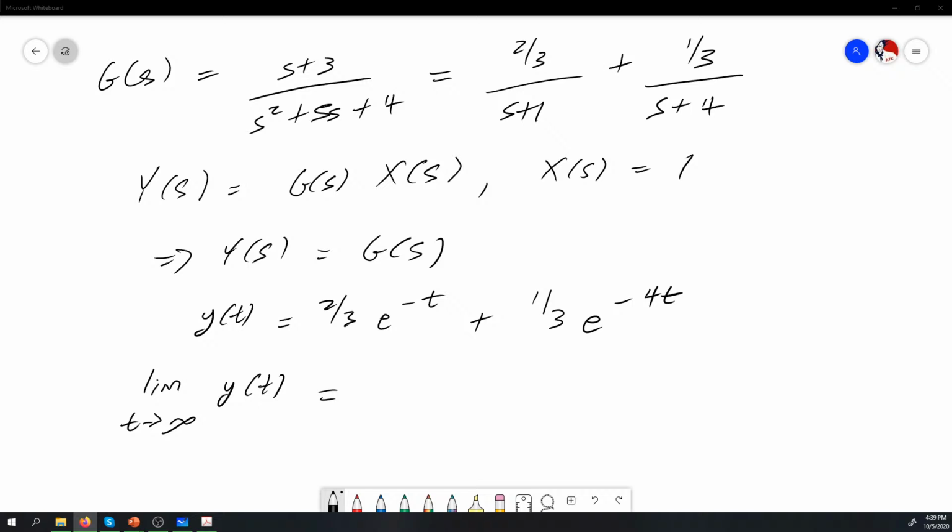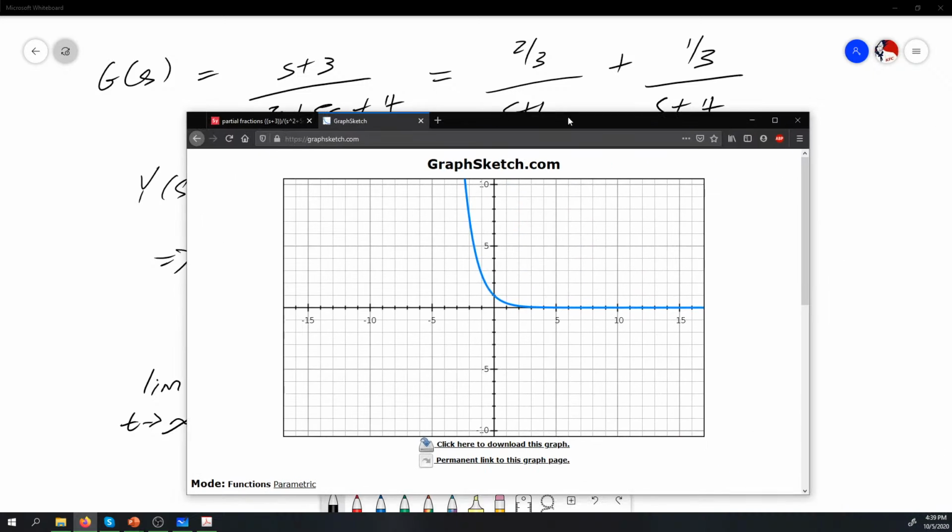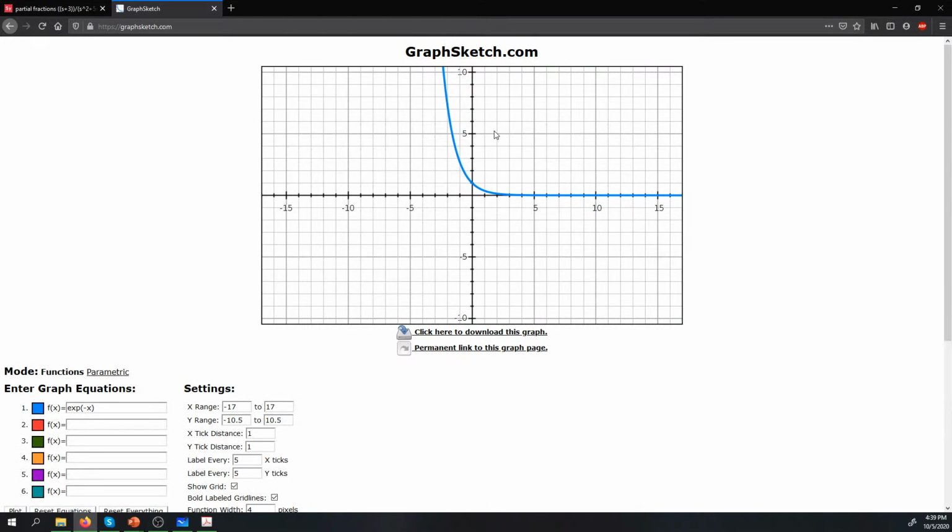Right, there we go. So this function here basically represents our exponent function here being exponent of minus x.